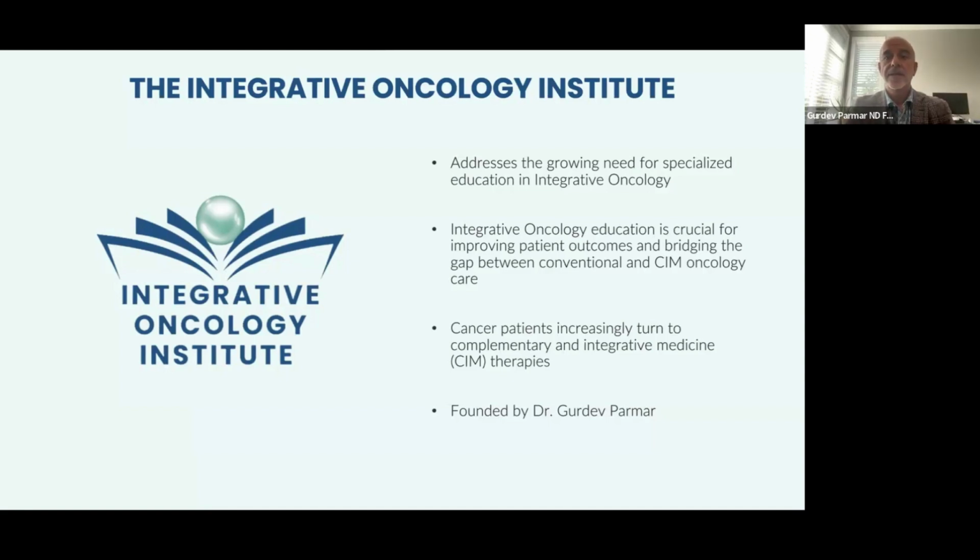Integrative oncology education is crucial for improving patient outcomes and bridging the gap between conventional oncology care, conventional medicine, and complementary and integrative medicine oncology care provided by those in the community, from naturopathic physicians to integrative physicians of every stripe.